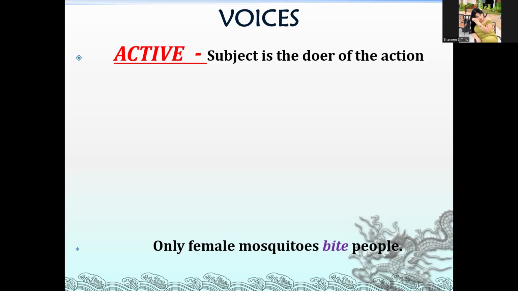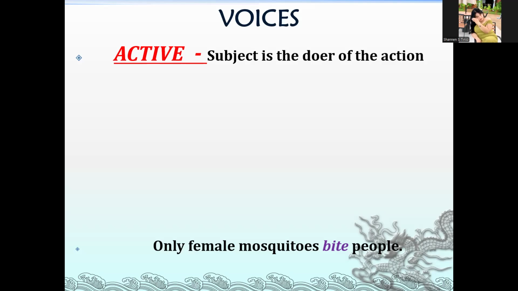Write. She writes a letter to her friend. Again, the verb write is being done by the woman. And the other examples, the workers build a new bridge. They eat lunch together at noon. Subject is they, verb is eat. He sings his favorite songs at the karaoke. My father drives us to school every day.